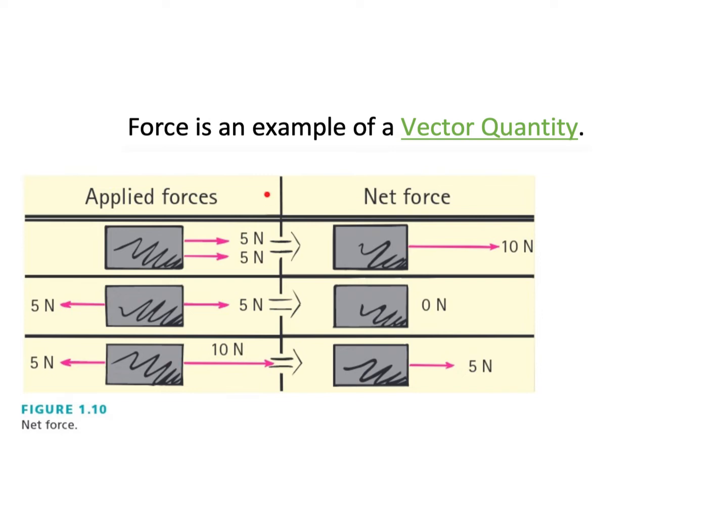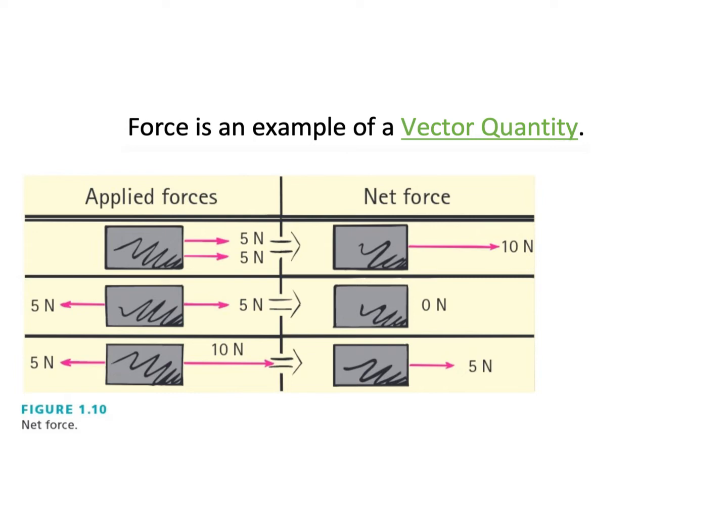And so two 5-Newton forces to the right add together to give a 10-Newton force to the right, and these are completely equivalent to one another. So if you have multiple forces, you can simply add them up to get the net force, or you might think of it as the total force. That's what net force means.